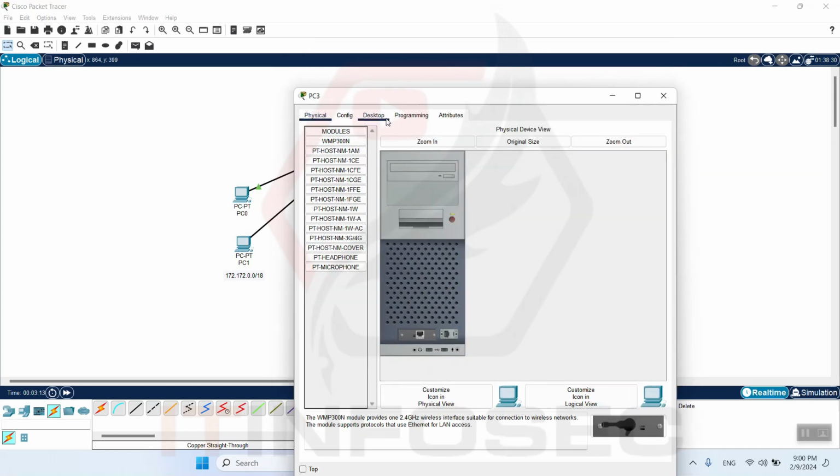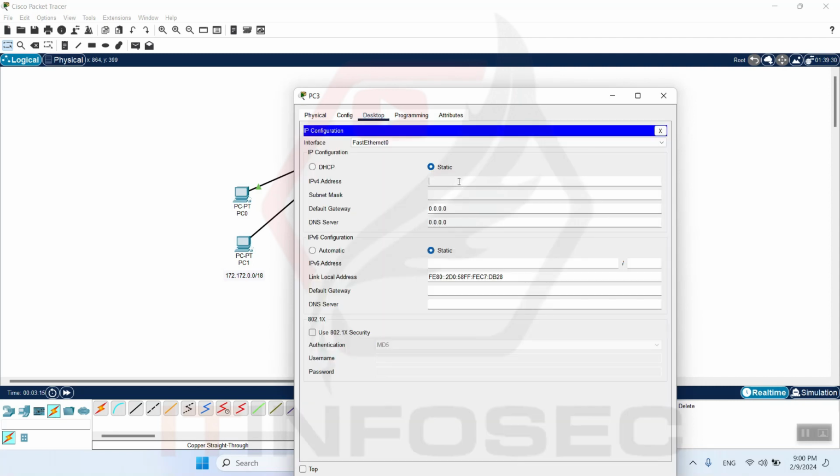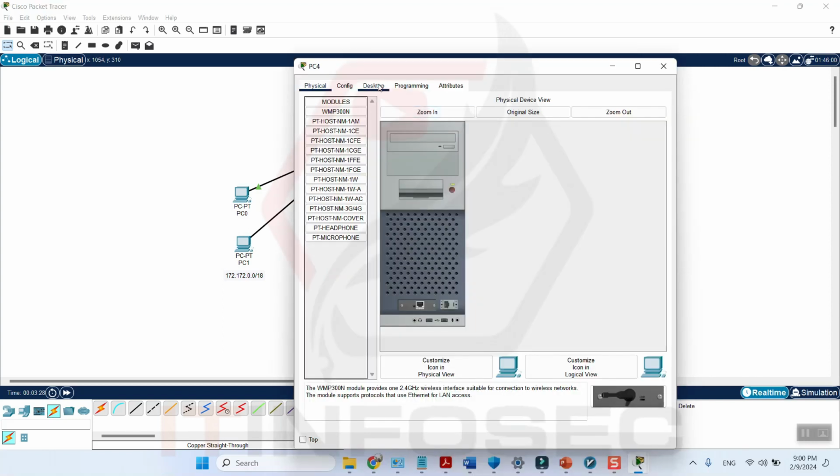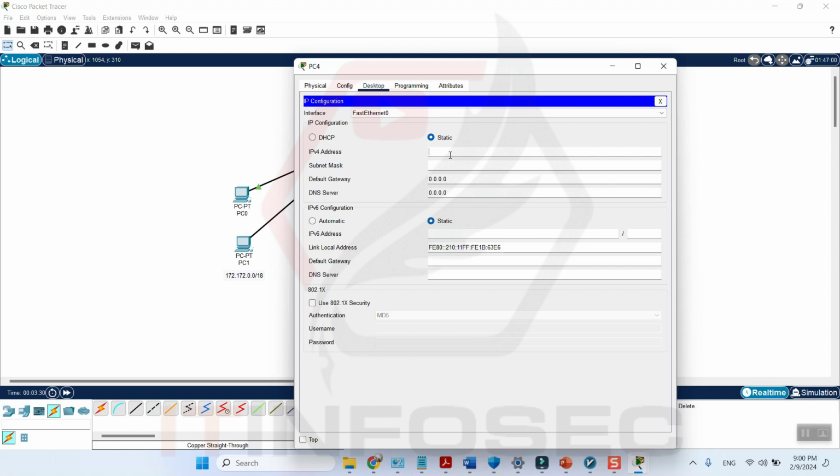This is 64.1, this is 64.2, 172.172.64.2, and 255.255.192.0. Well, and the third subnet starts with 128: 172.172.128.1, subnet mask 18 one bits, 255.255.192.0.